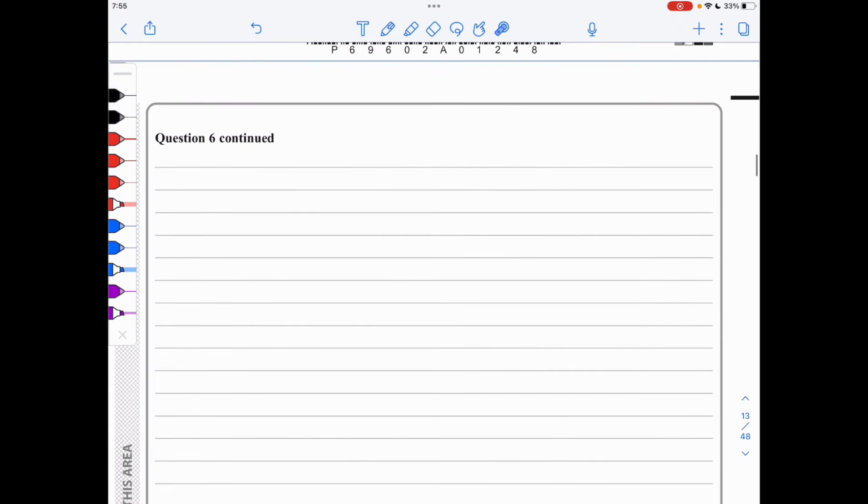So we start by writing f of x is equal to 8 sine of a half x minus 3x plus 9. We differentiate, and we get f dash of x is 8 times a half cos of a half x minus 3.